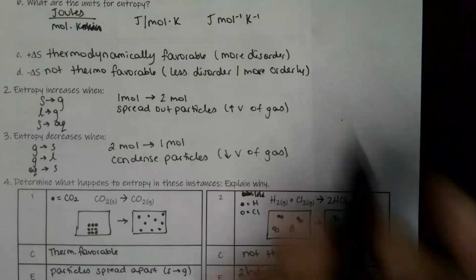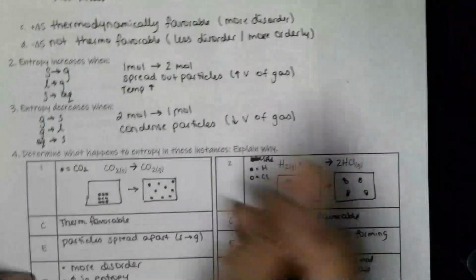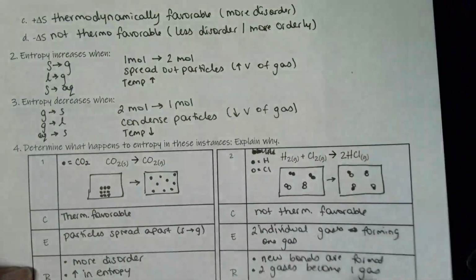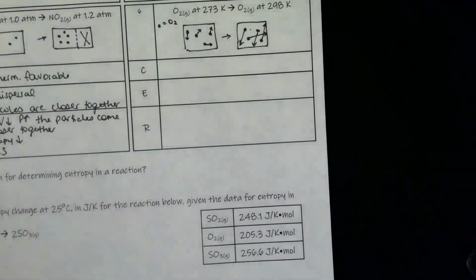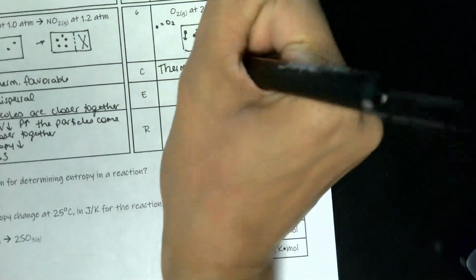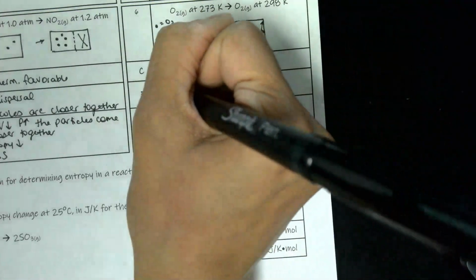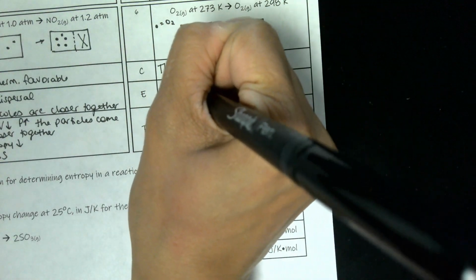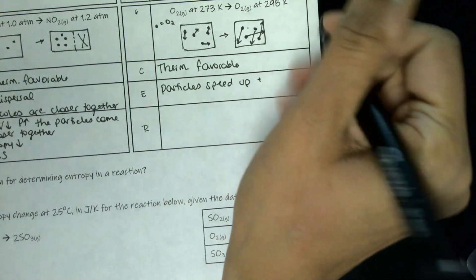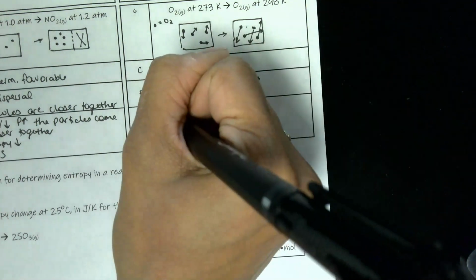Entropy increases when temperature increases. And entropy decreases when temperature decreases. So this is more thermodynamically favorable. The particles speed up, and we can say more random motion.